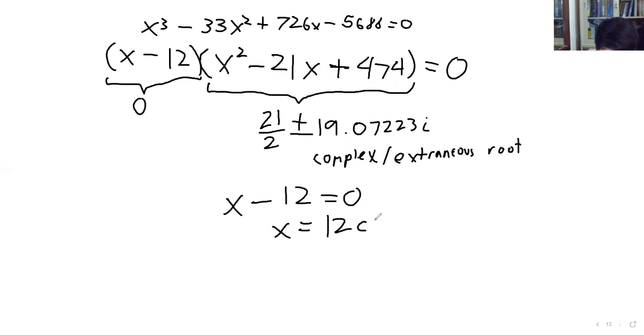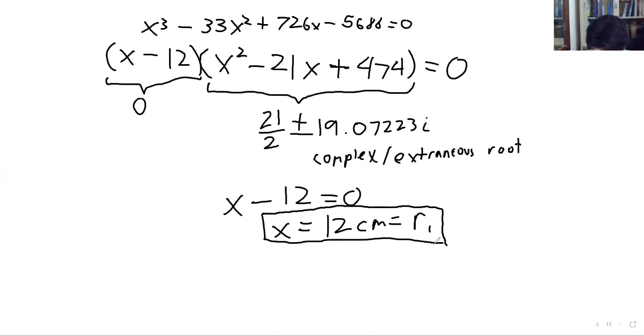So this is our first radius. Yes. All right. Earlier, we also proved that 12 centimeters was the first radius, so that makes sense. Anyway, earlier we saw that x plus y equals 22, and that y equals 22 minus x.